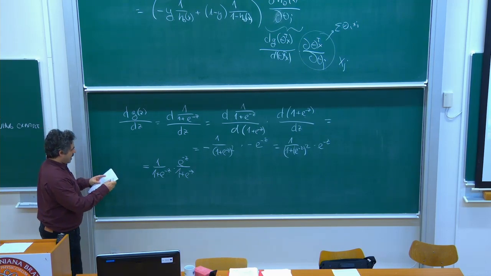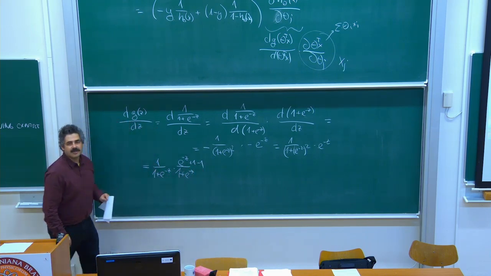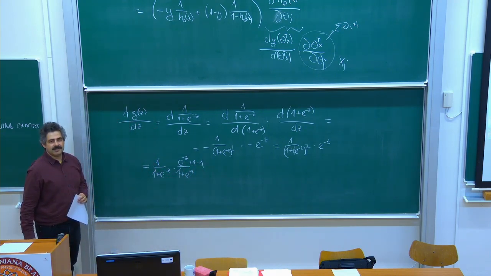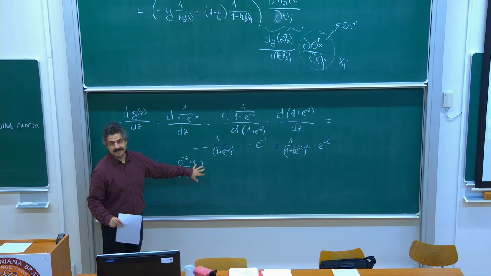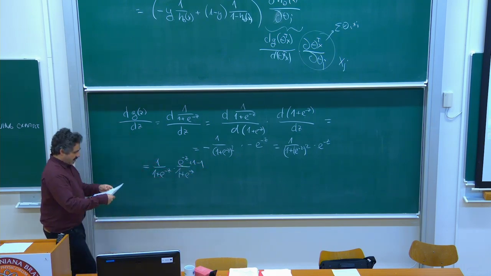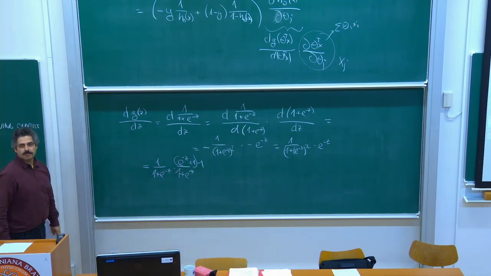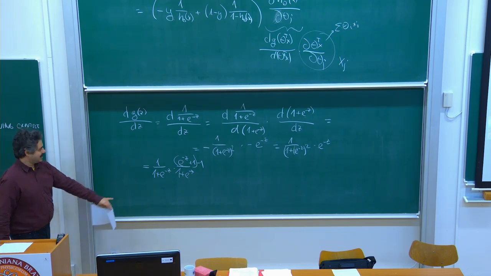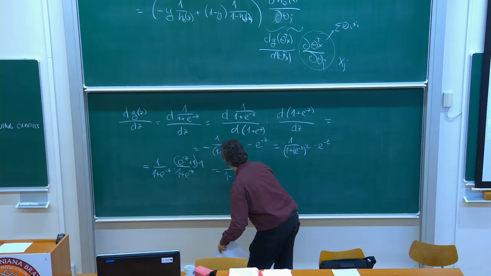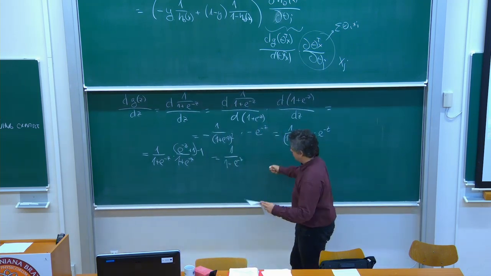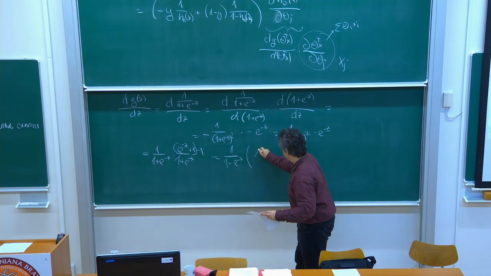And also I will do this trick that we are very happy to repeat again and again. I will add one and subtract one. Okay, why not? Why am I doing this? Because now if I put it in parentheses like this, I will get 1 over (1 plus e to the minus z) times this is 1, right?